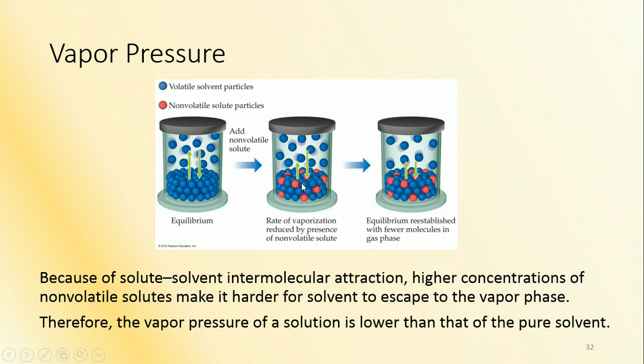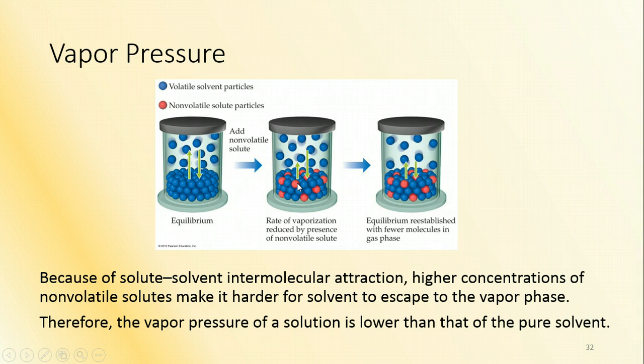In addition to just blockage at the surface, these non-volatile solute particles, meaning if I have an ionic compound, it's not going to be volatile. It itself is not vaporizing. Those attractions with the solvent particles keep the solvent particles from being able to make their way out.